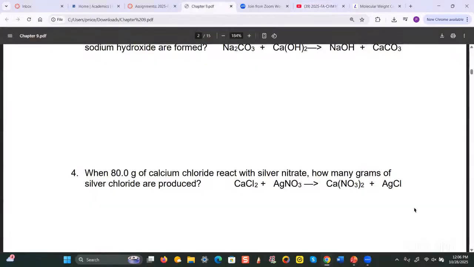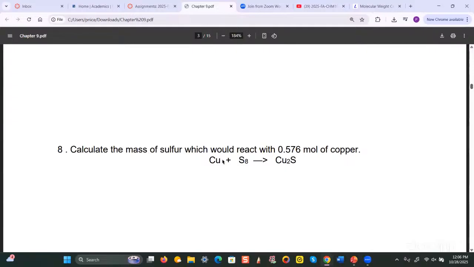Number 8, okay. Number 8 says calculate the mass of sulfur that would react with 0.576 moles of copper.